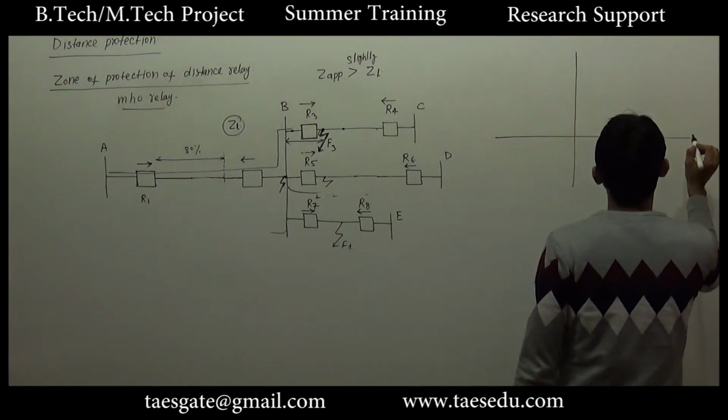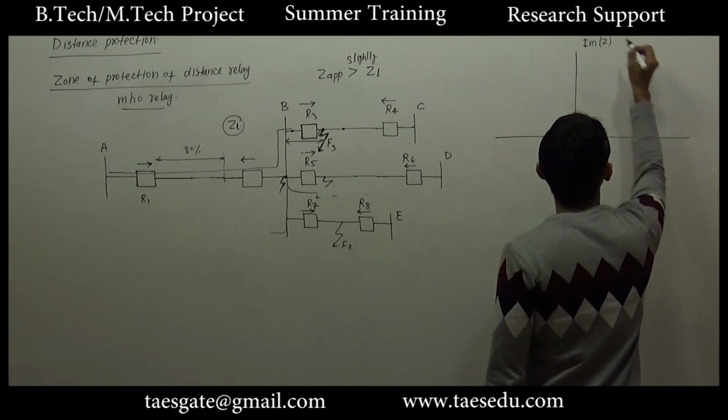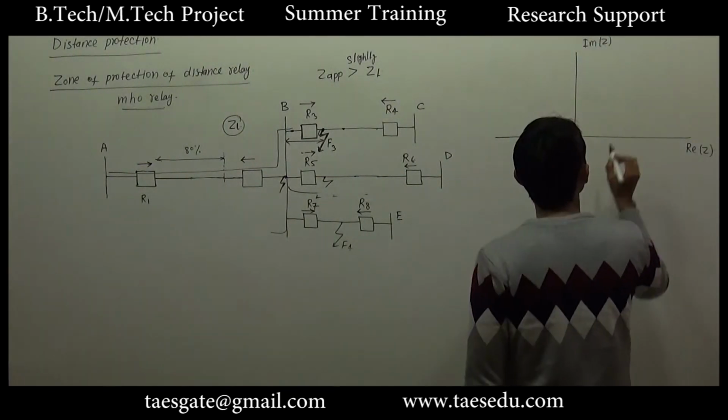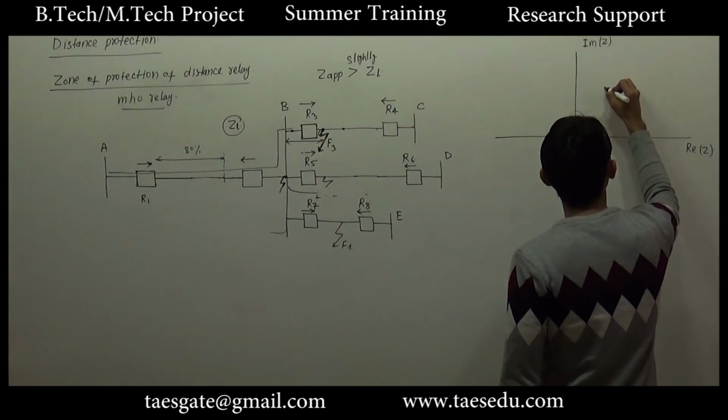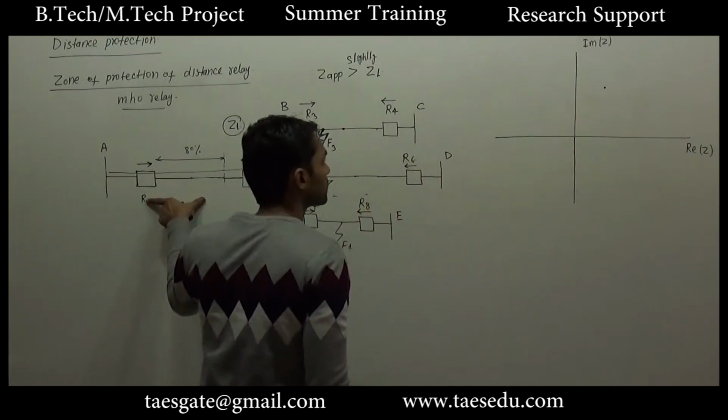If we draw the impedance diagram of relay, then we will have imaginary part of Z, real part of Z. Let's say this point represents impedance of line 1.